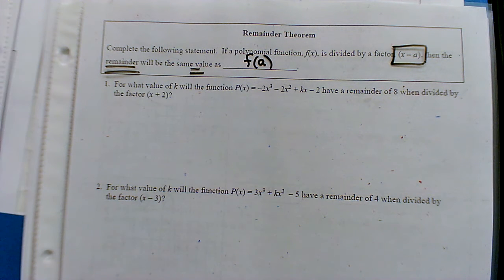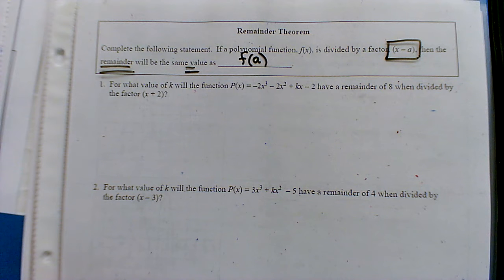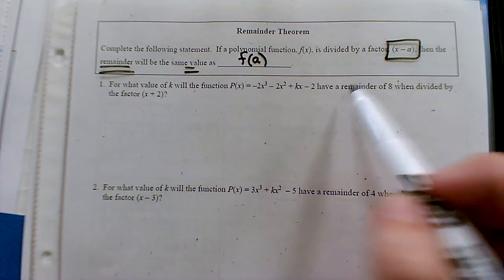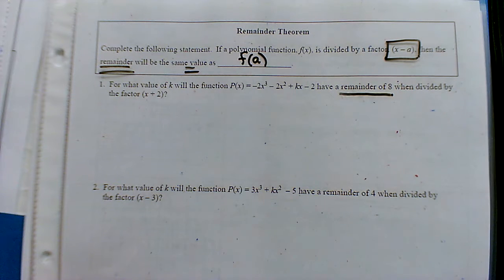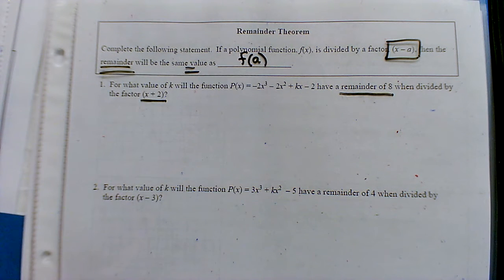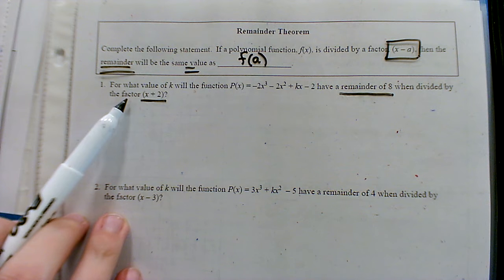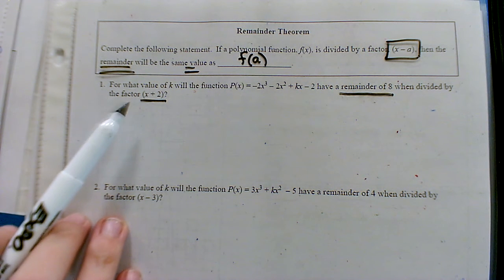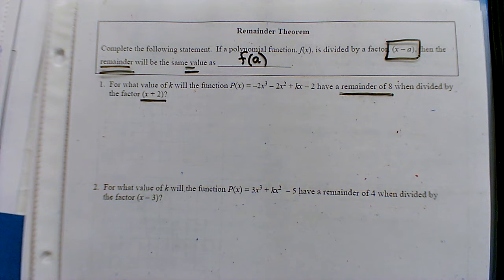So let's see how this remainder theorem might show up in some questions. For what value of k will this polynomial have a remainder of 8 when divided by that divisor? I know they use the word factor there, but factor can also mean a general term meaning a grouping.